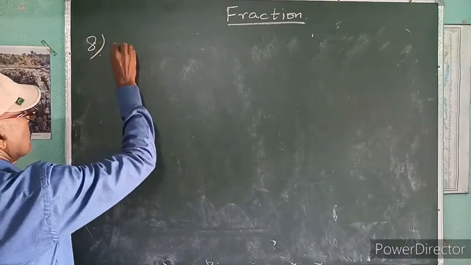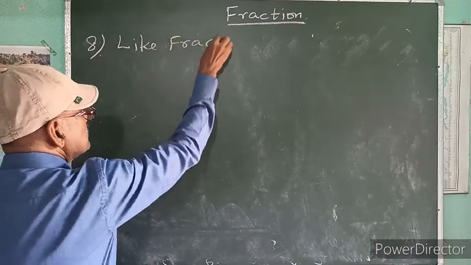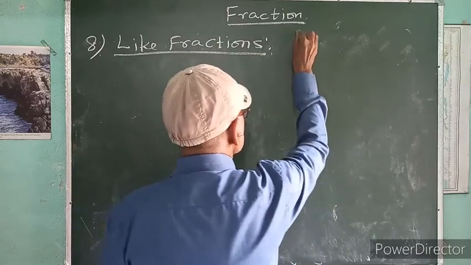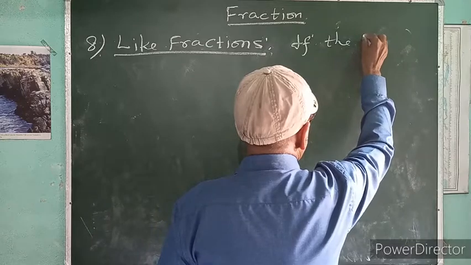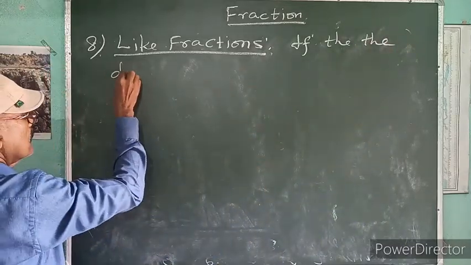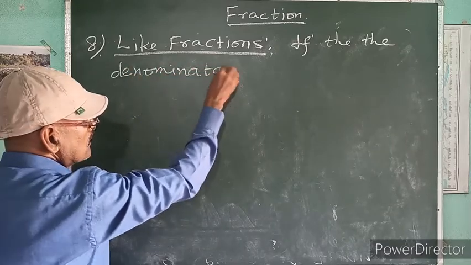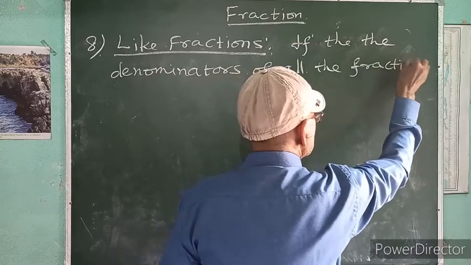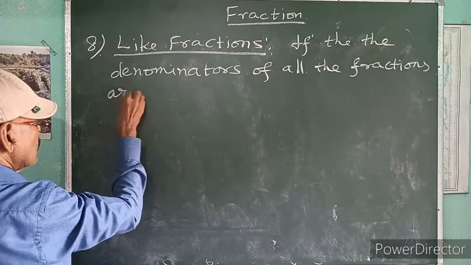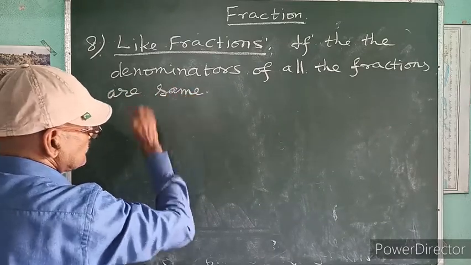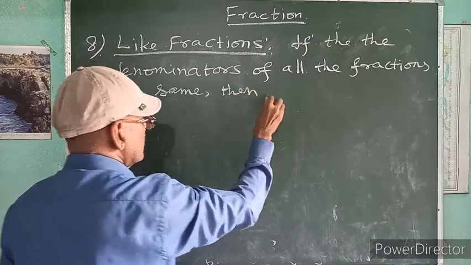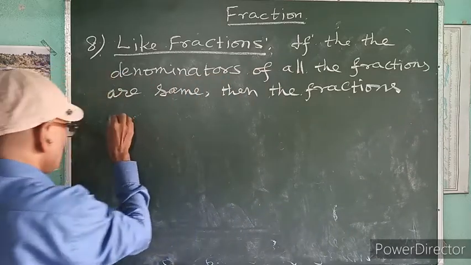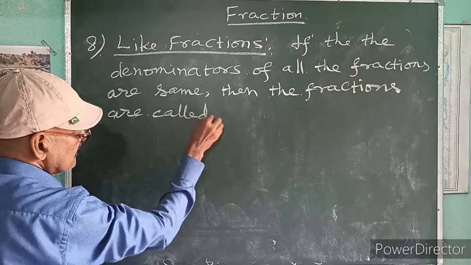Then after equivalent fraction, number 8 is like fractions. If the denominators of all the fractions are same, then the fractions are called like fractions.